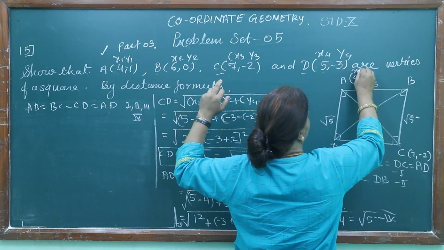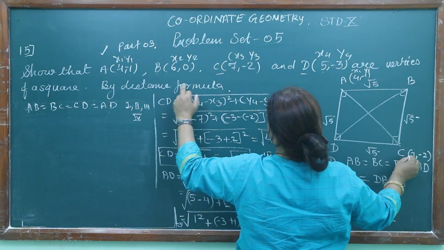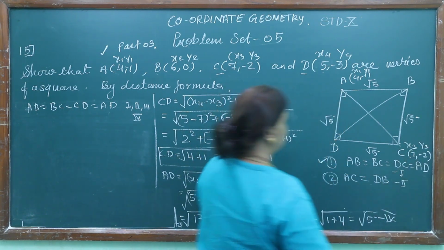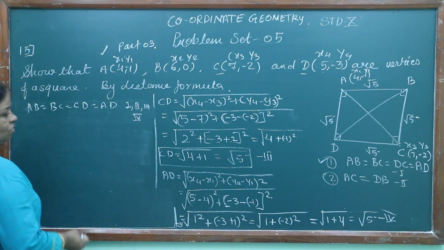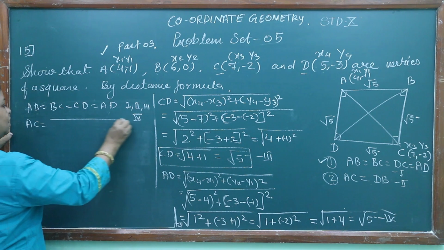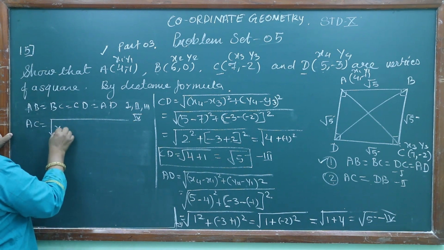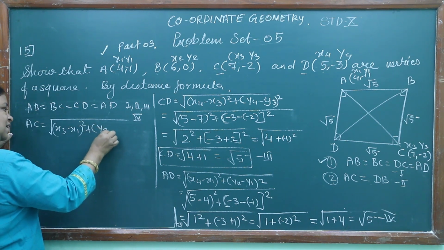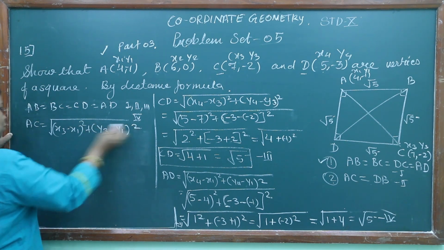A is x1, y1, C is x3, y3. Okay. So again by distance formula, that is AC under the root x3 minus x1 the whole square plus y3 minus y1 the whole square.